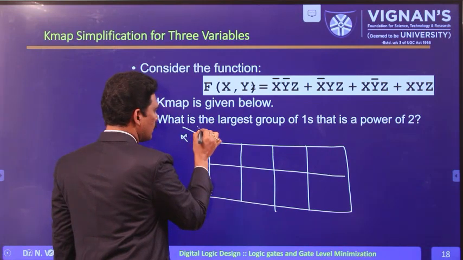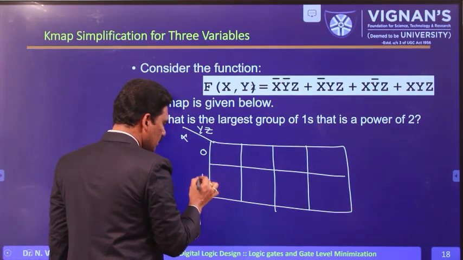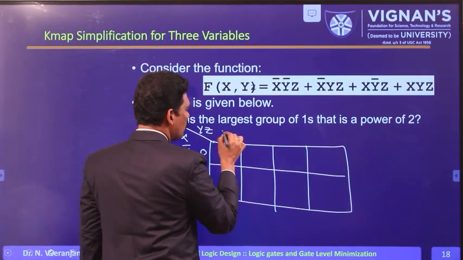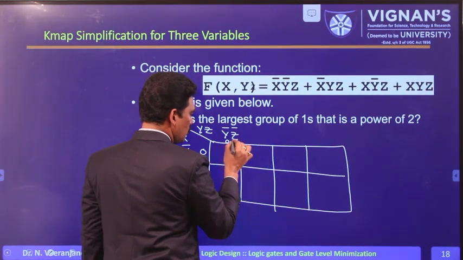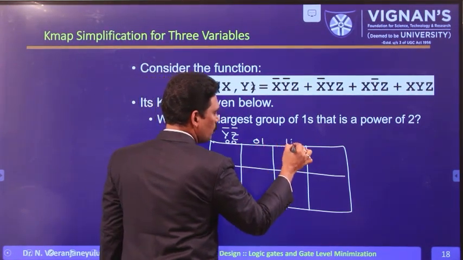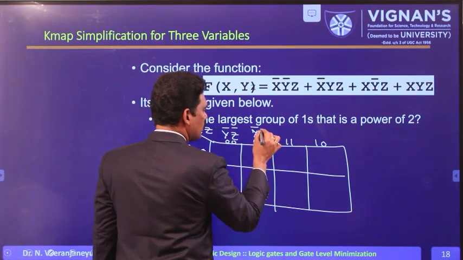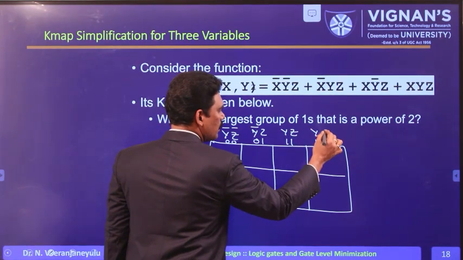This is x, and this is yz, and this is 0, 1. That is x bar, this is x, and this is y bar z bar, that is 0, 0, 0, 1, 1, 1, 1, 0. This is y bar z, this is yz, and this is y z bar.